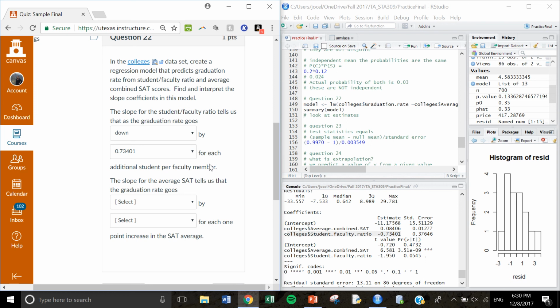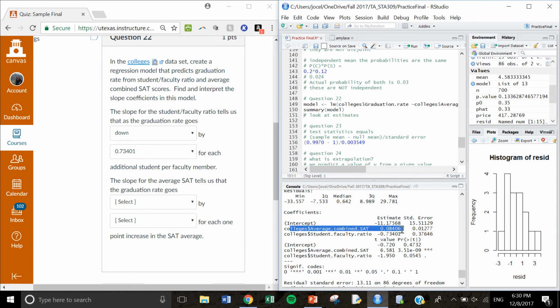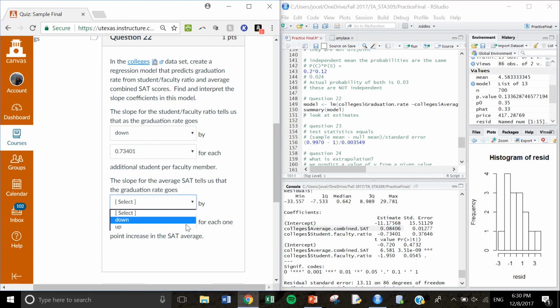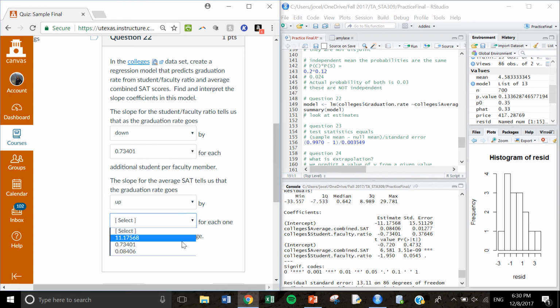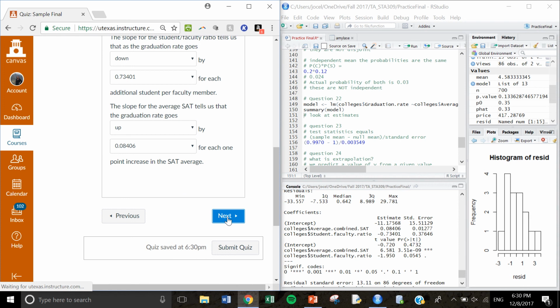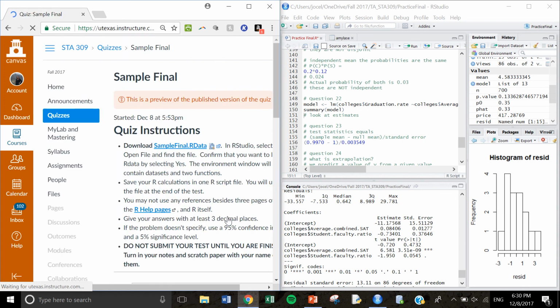The slope for the average SAT tells us how the graduation rate goes. It's positive, so it's going to go up by 0.084 for each 1 point increase in the SAT average. That's just run the LM function and know how to interpret the coefficients.